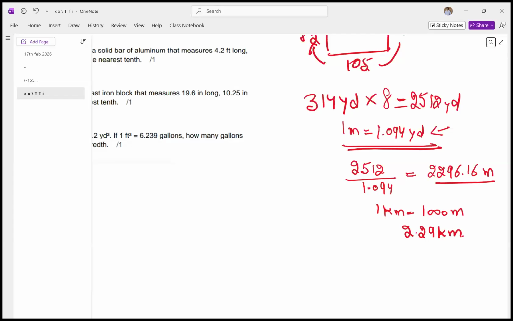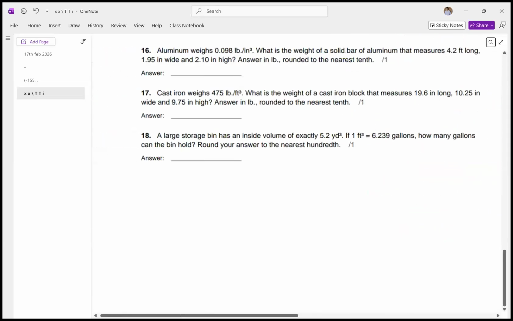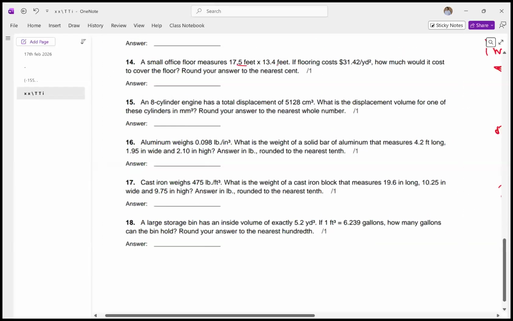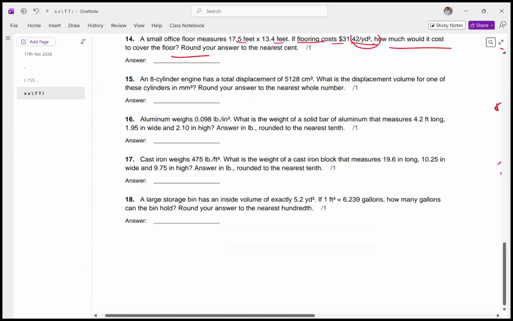All right, let's look into question number 14 now. In question number 14, we are given a small office measures this many feet and this many feet, and if the flooring cost $31.42 per square yard, how much would it cost to cover the floor? So here I'm going to stop and talk about a concept.